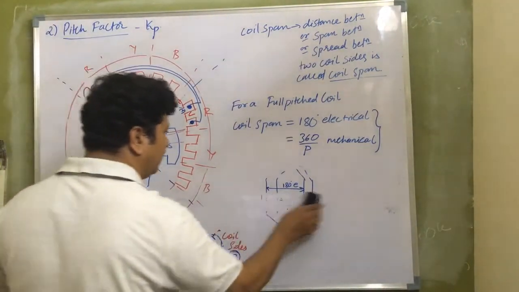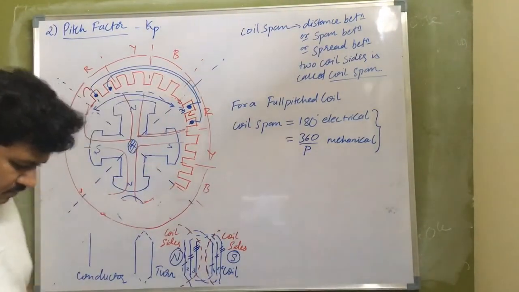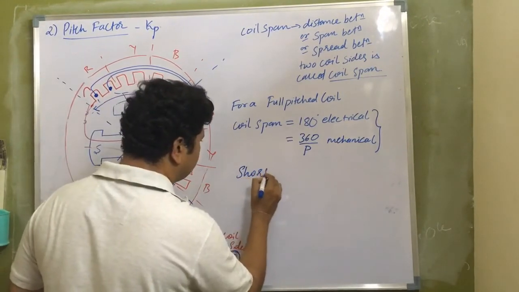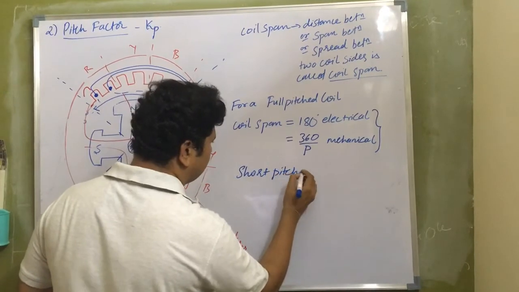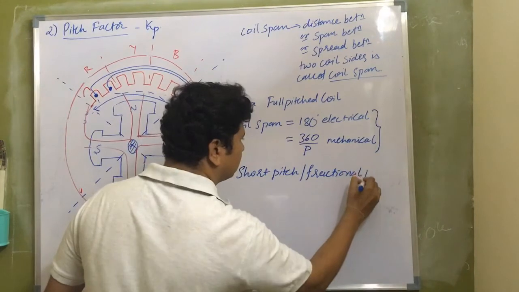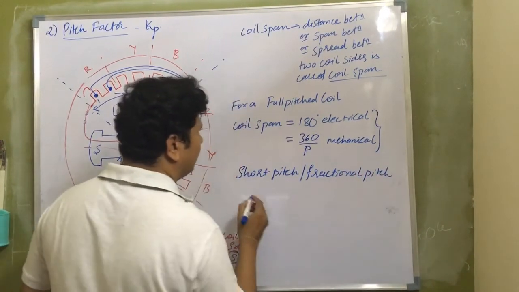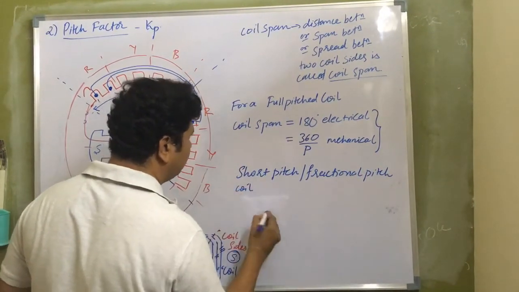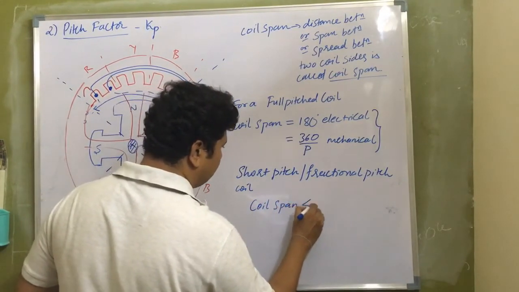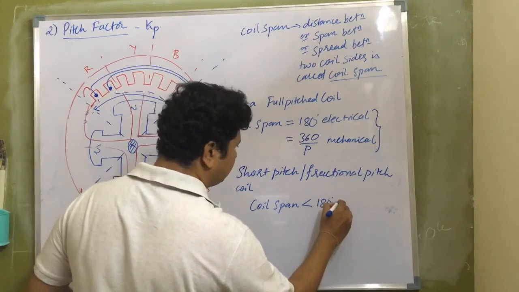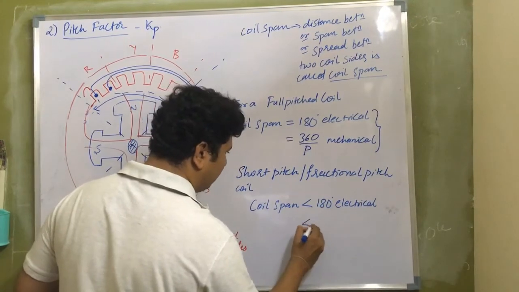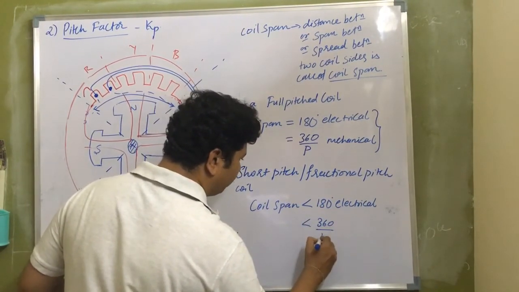Then what is short pitch winding? Short pitch winding, or fractional pitch winding, is a winding where the coil span is less than 180 degrees electrical, and less than 360 by number of poles mechanical.